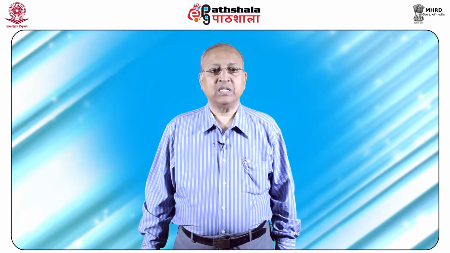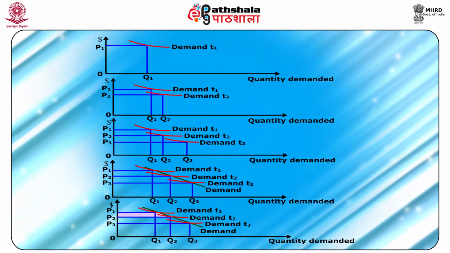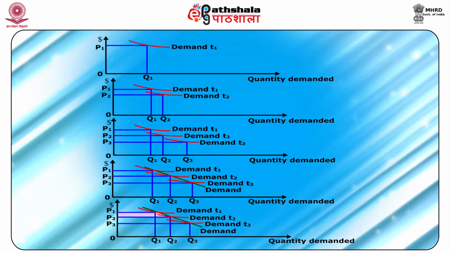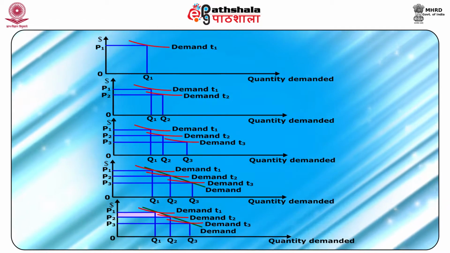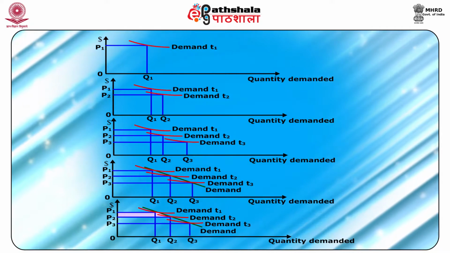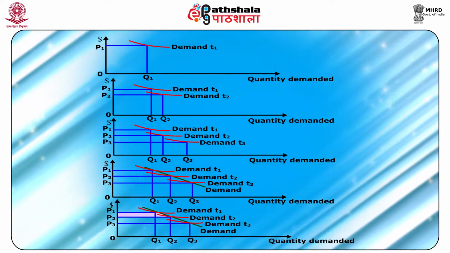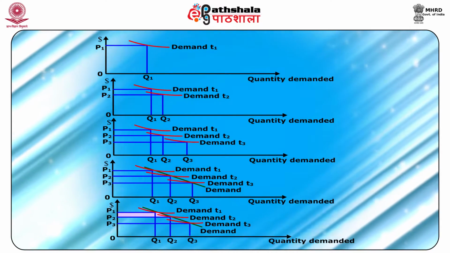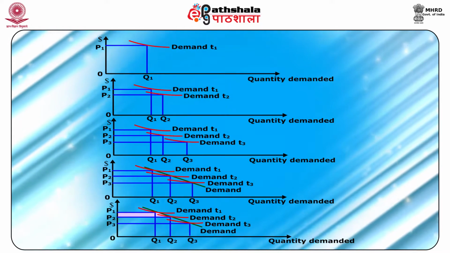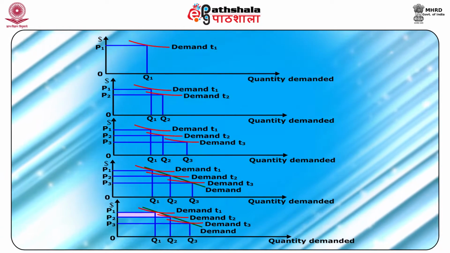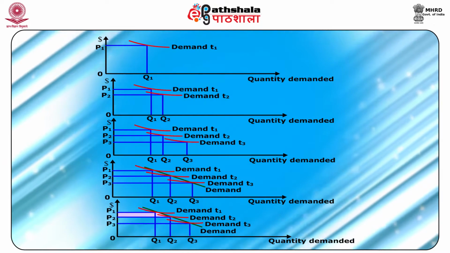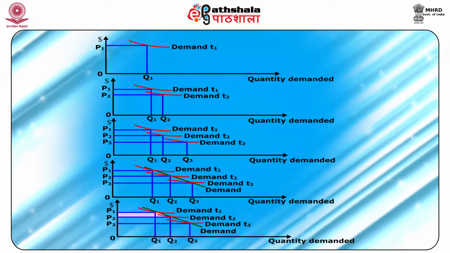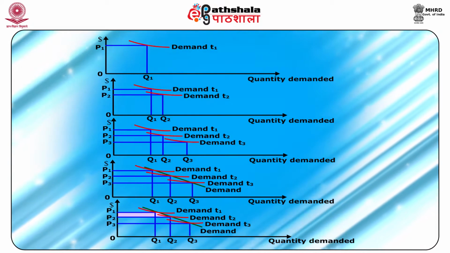Let us now consider a set of diagrams in which we try to imagine how price skimming takes place. The initial market is limited and it is a novelty product, so the price, given on the y-axis in dollars, is P1.